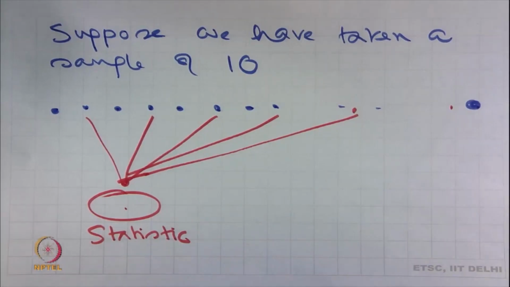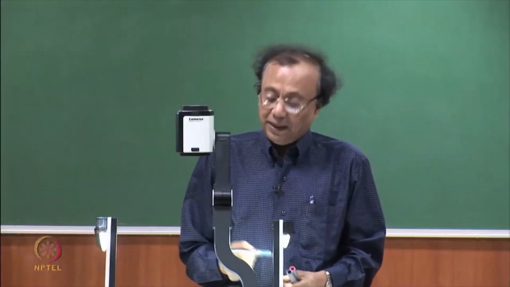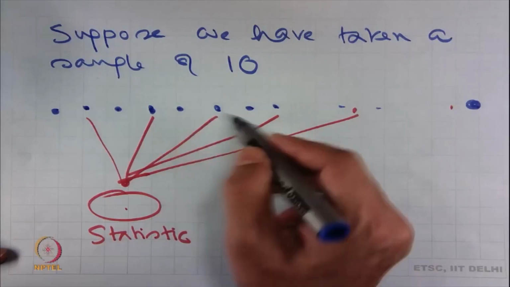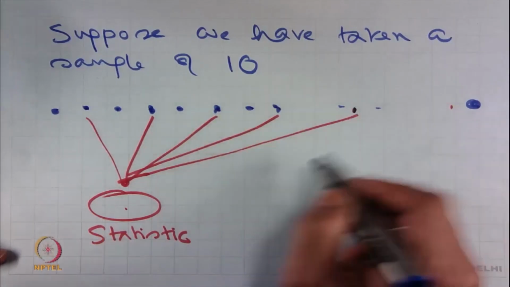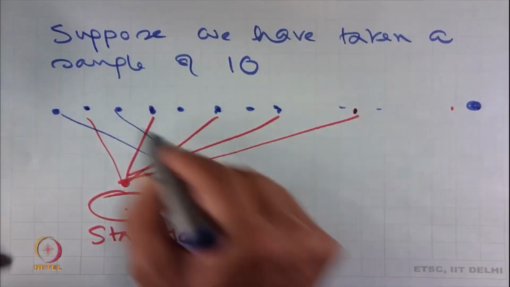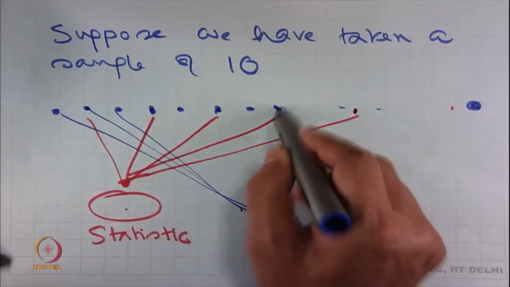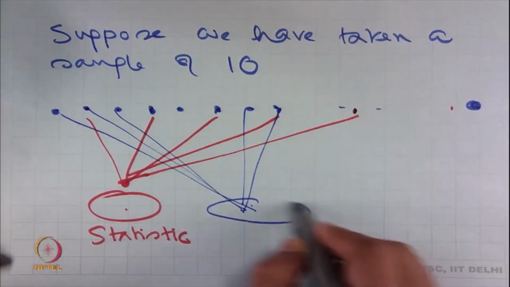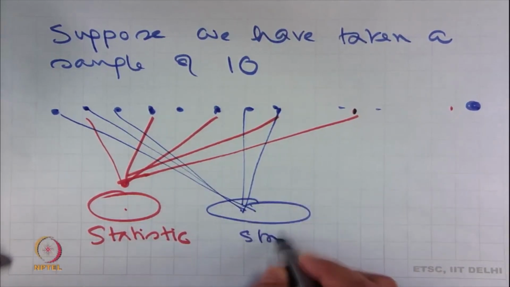Why is this a random variable? Because if I repeat the same experiment, it is not mandatory that I will be selecting the same set of samples. Now I may select some different samples, and therefore I compute its corresponding statistic.